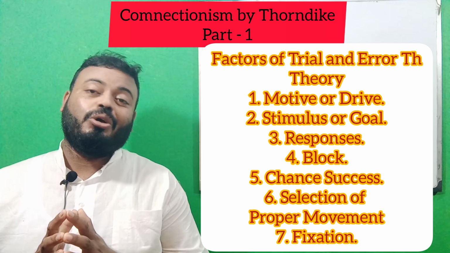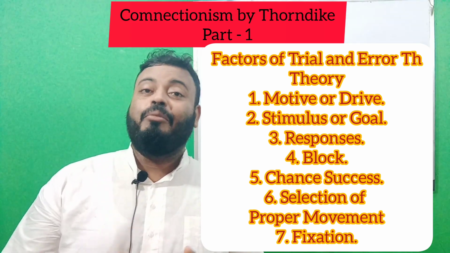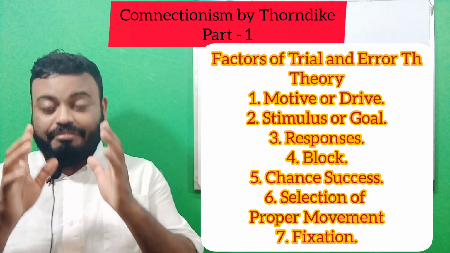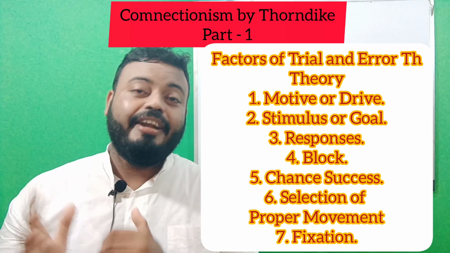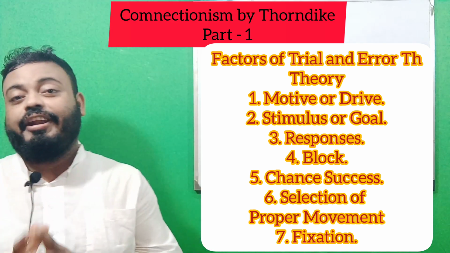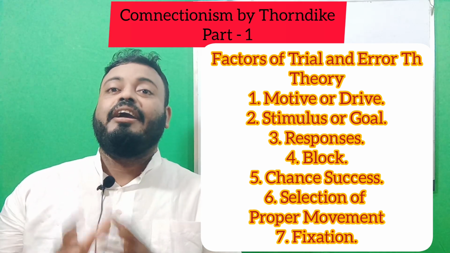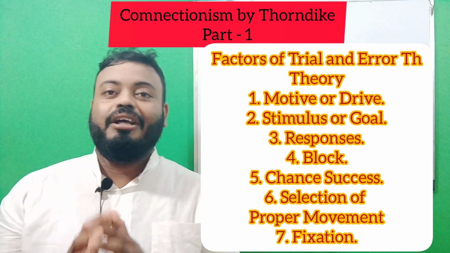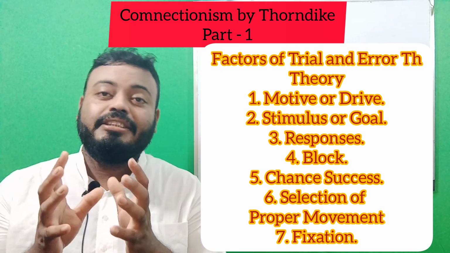Number one is motive or drive. This is a very important factor of the trial and error method. In the present experiment, the drive was hunger. The drive of the cat is hunger.